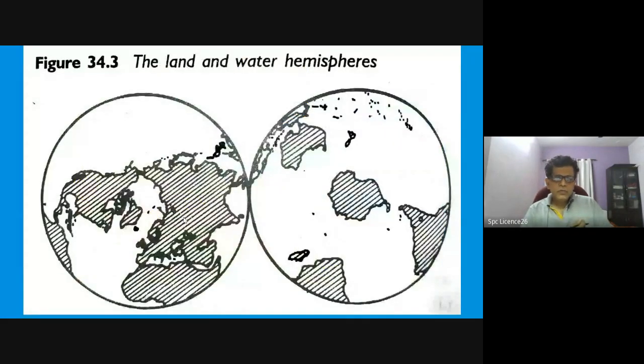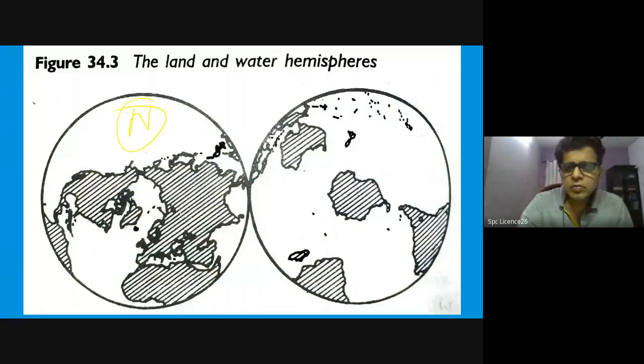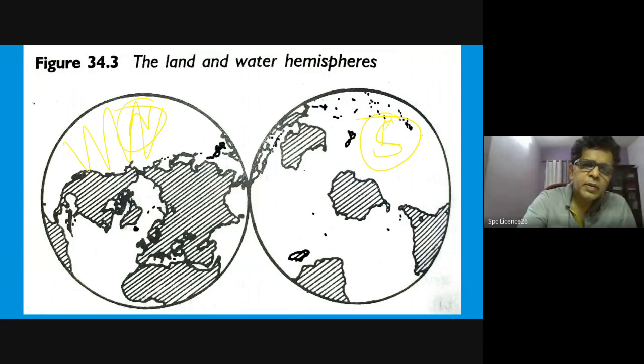When we move to the respective hemispheres, looking at these hemispheres not sideways but from the top, this is how the northern hemisphere would look, and this is how the southern hemisphere would look if we are looking at them from the respective poles. What can be observed here is that barring this portion, which is going to be the Pacific Ocean, a lot of land can be seen in the northern hemisphere.